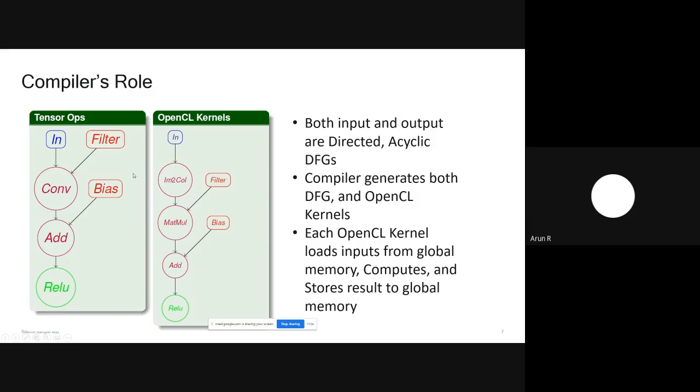For instance, in this figure, there is almost one-to-one correspondence between the left-hand side graph and the right-hand side graph, except that the node called convolution is broken down into two nodes in this OpenCL kernel graph, that is, im2col and matmul.